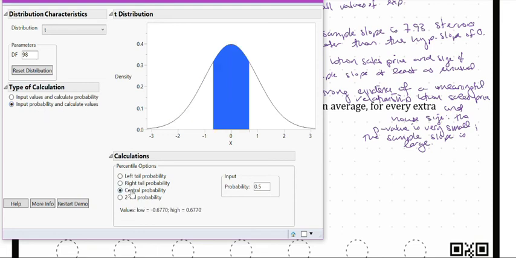We're going to make this a central probability because we're putting all those values in the middle of our interval. So I'm going to make a central probability, and I'm going to put 0.95 in the middle, and that means my t critical value is 1.98.